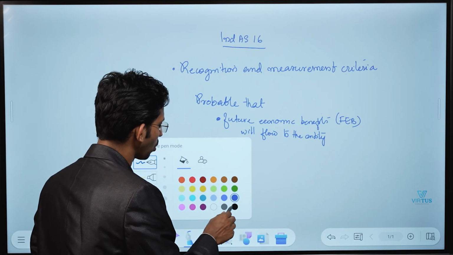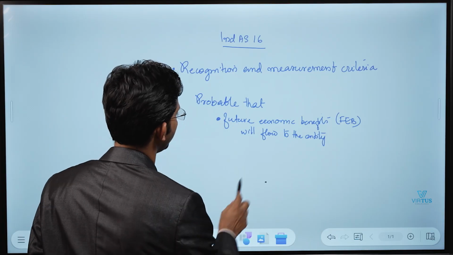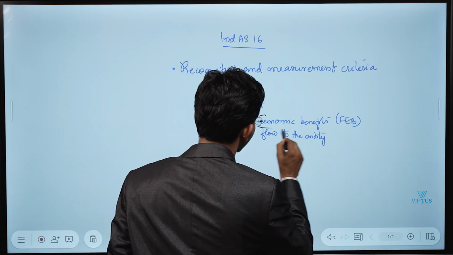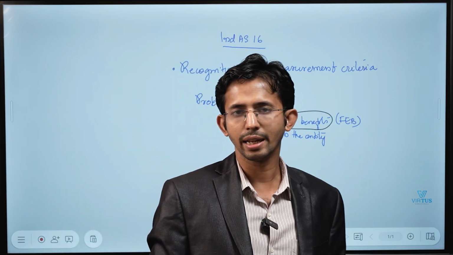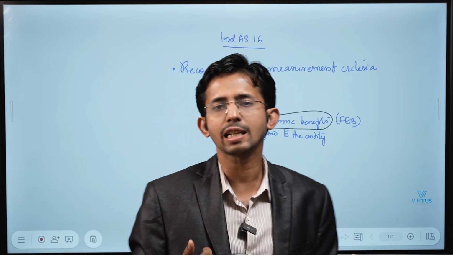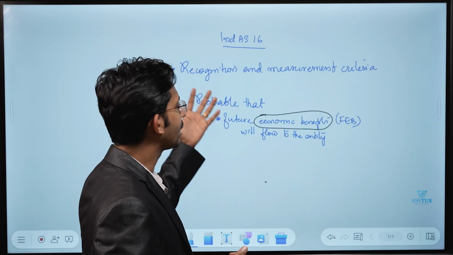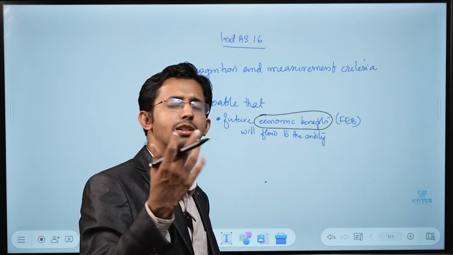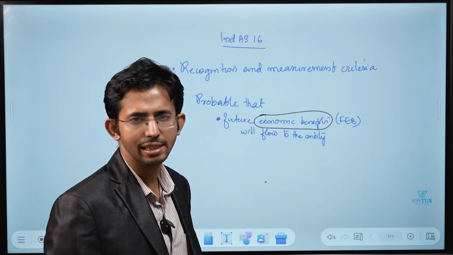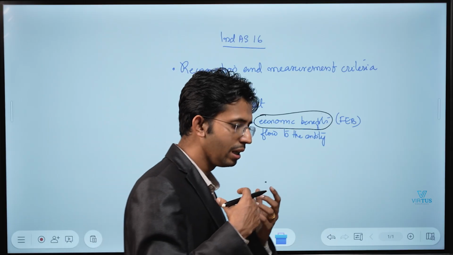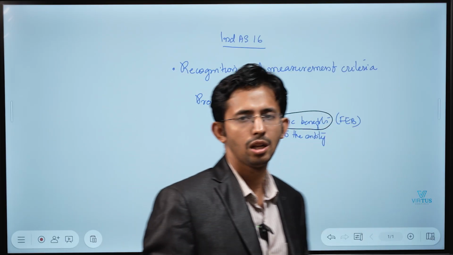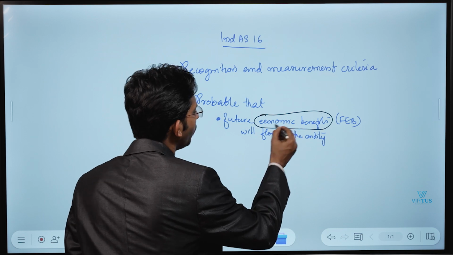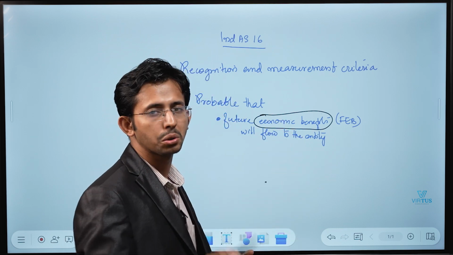This has got two components, right? One is economic benefits. Economic benefits should come to the entity. Only if the economic benefits come to the entity can you call it an asset. And what are these economic benefits? It could be in the form of cash, or some outputs or value addition. It could be anything. But when should it come?